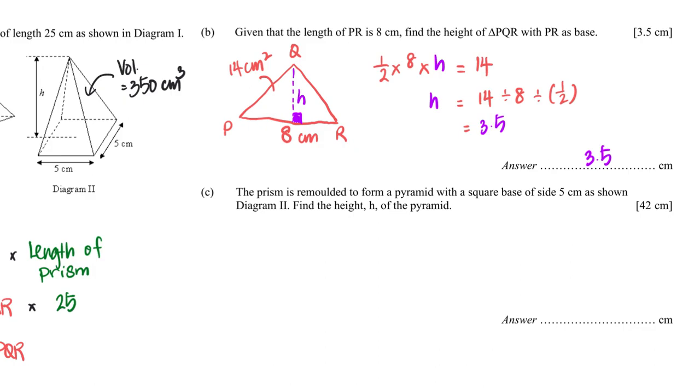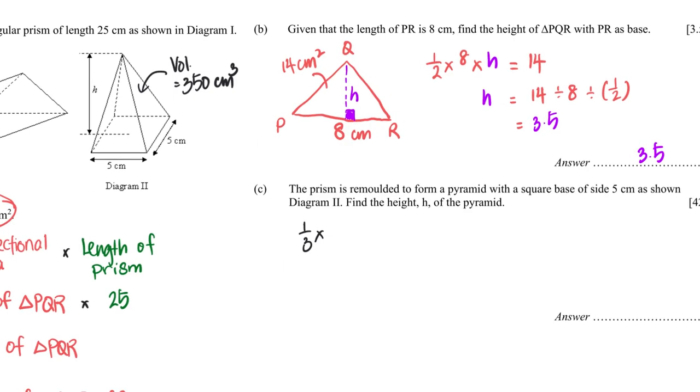Means that 1/3 base area. What is this base area? Yes, 5 times 5 times the height that we need to find, H, is equals to 350.